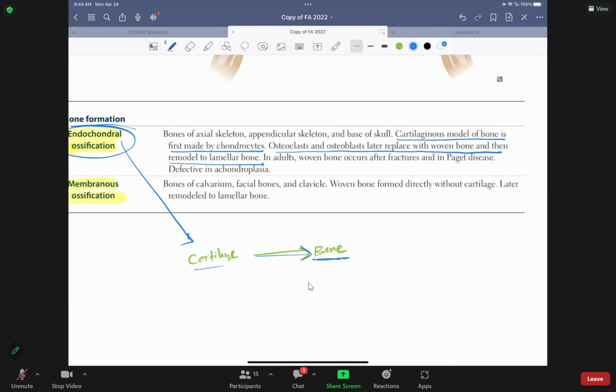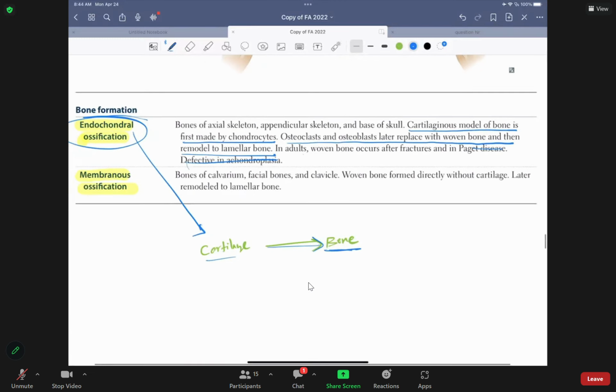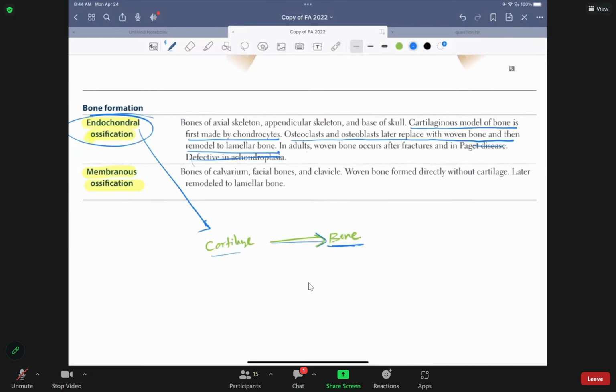Is everybody clear, folks? 90% of the bones in your body are formed by endochondral ossification. All the long bones and everything, they were cartilage and then changed to bone. Okay, forget about the diseases, folks. Don't pay attention to diseases now. Let's learn the terminology and physiology first. So now everybody knows what endochondral ossification is. They were cartilage and then became bone.